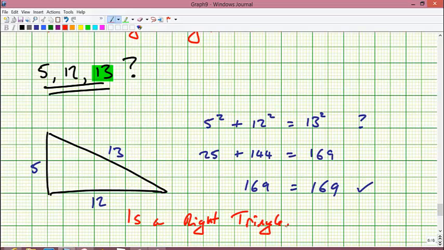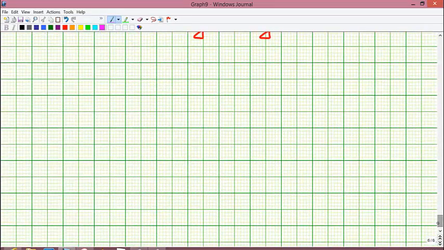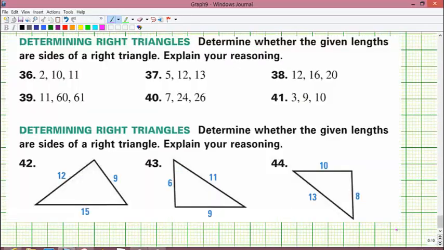Okay? Right, so the problems we're going to be working through are on the next page, questions 36 through 44, which I'm going to include here. And there they are.